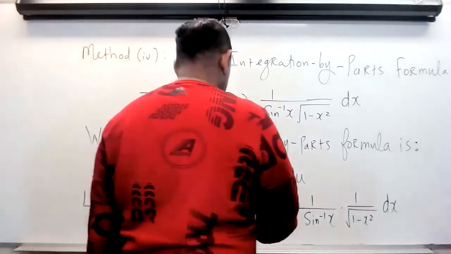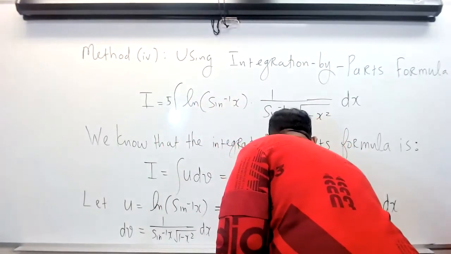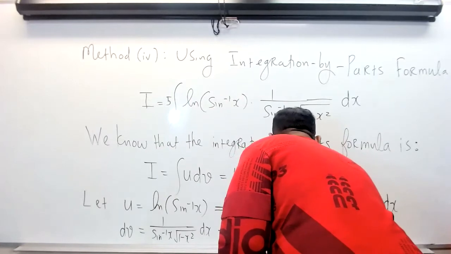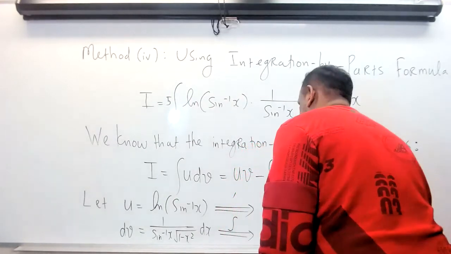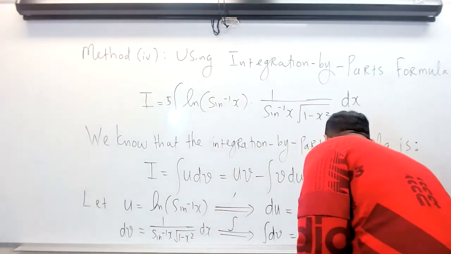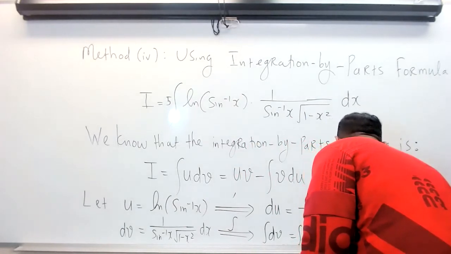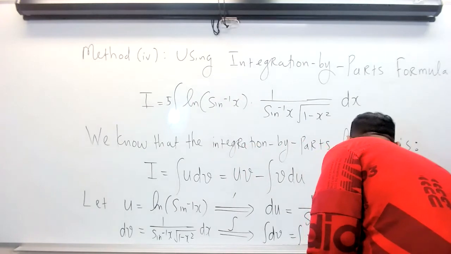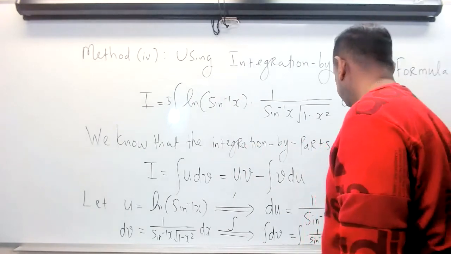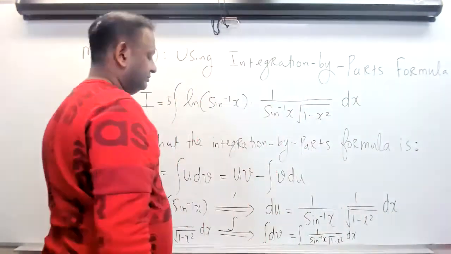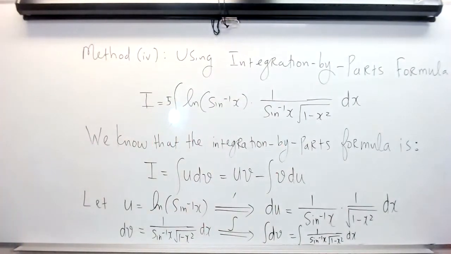So you integrate dv, and this side also integrate 1 over sine inverse x 1 minus x squared dx. What do you get for v?